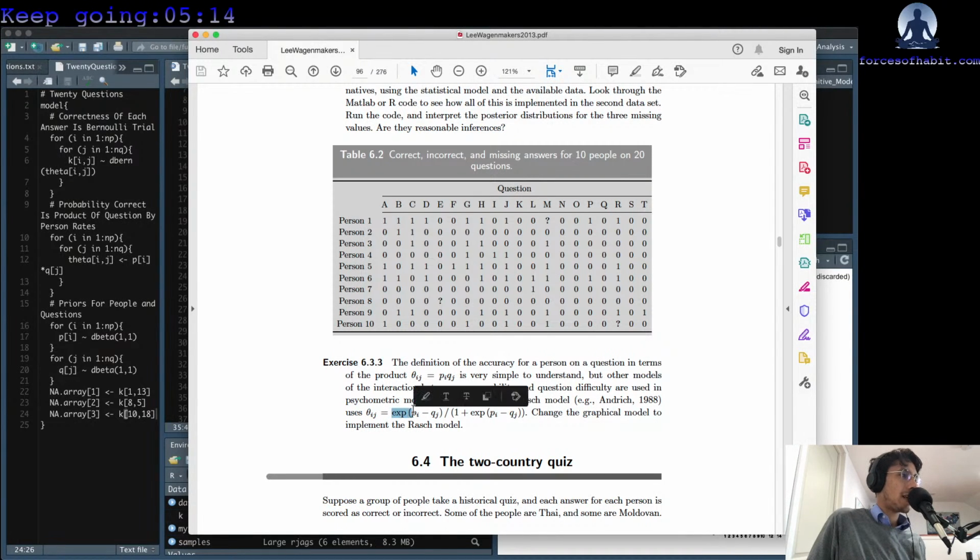So we use an exponential where we're subtracting the difficulty from the attentiveness. We're looking at the difference between these two values exponentiated over 1 plus this. So we're normalizing it, so we're going to get a value between two rates.